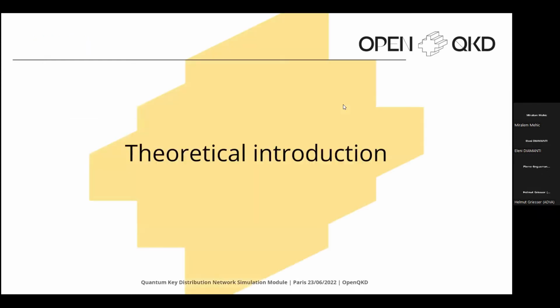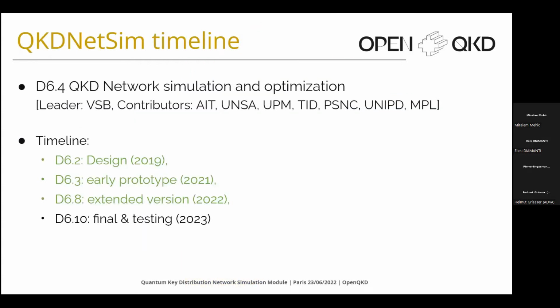So in the theoretical introduction, I'm going to start shortly with the timeline. As you know, within the OPENQKD project, we started in the beginning of the project asking about the possibilities, what we need to design, what are the requirements to simulate, which use cases we will not be able to implement in practice, and how we can implement them in virtual reality, like the simulation.